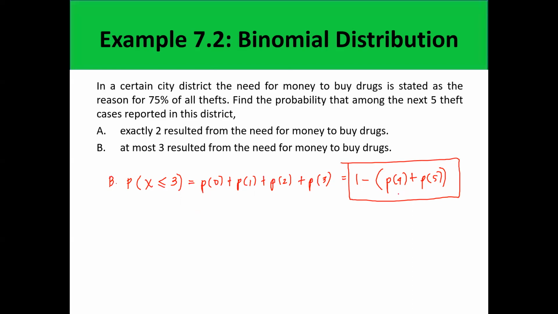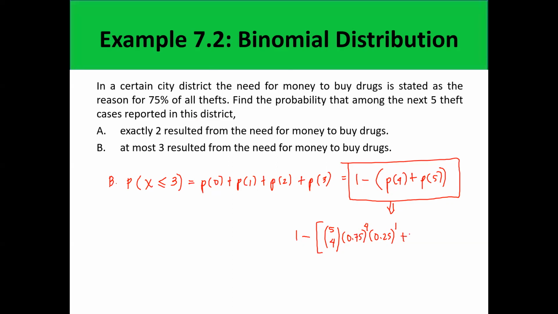Now using this formula, we're going to get 1 minus 5 combination 4 times the probability of success raised to 4 times the probability of failure raised to 5 minus 4, which is 1. This thing here is the probability that x is equal to 4.